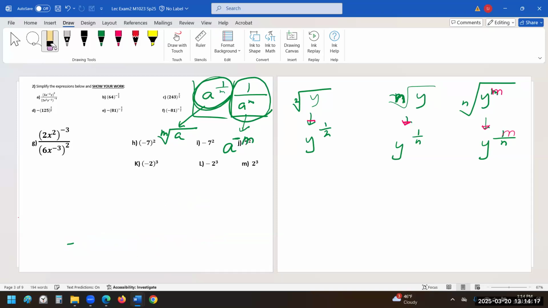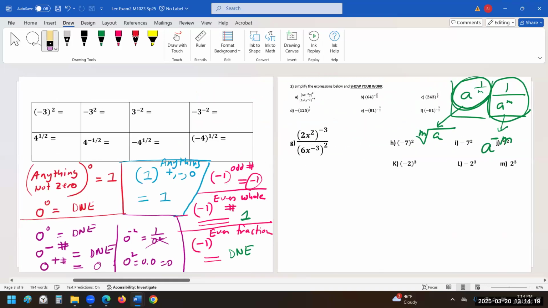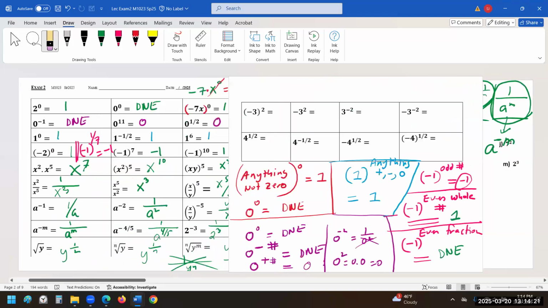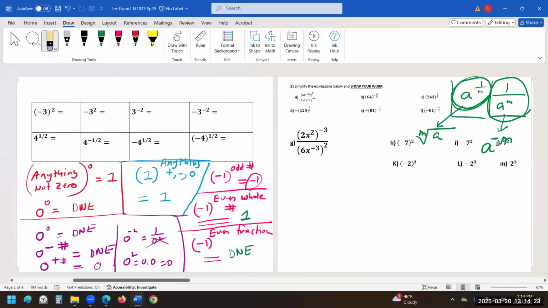Then comes how much you understood from all these rules. -3 squared. What is our base? Only 3 or -3? -3. So it's -3 times -3. What's the answer? 9. On the next one, what is our base? -3 or only 3?